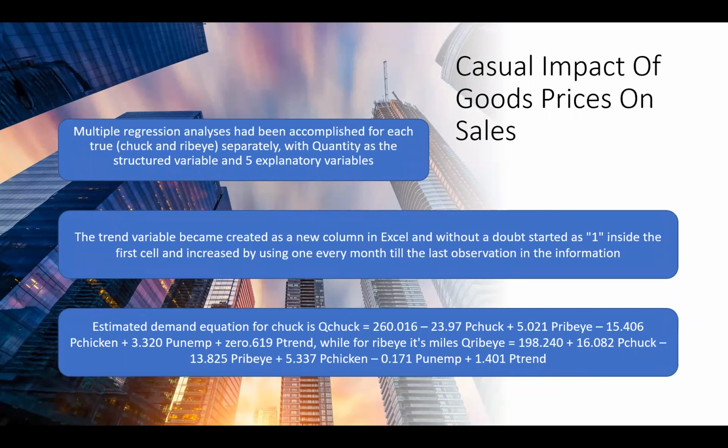For the causal impact of prices on sales, multiple regression analysis was accomplished for both chuck and ribeye separately, with quantity as the dependent variable and 5 explanatory variables. Here are the estimated demand equations for Q chuck and for Q ribeye.